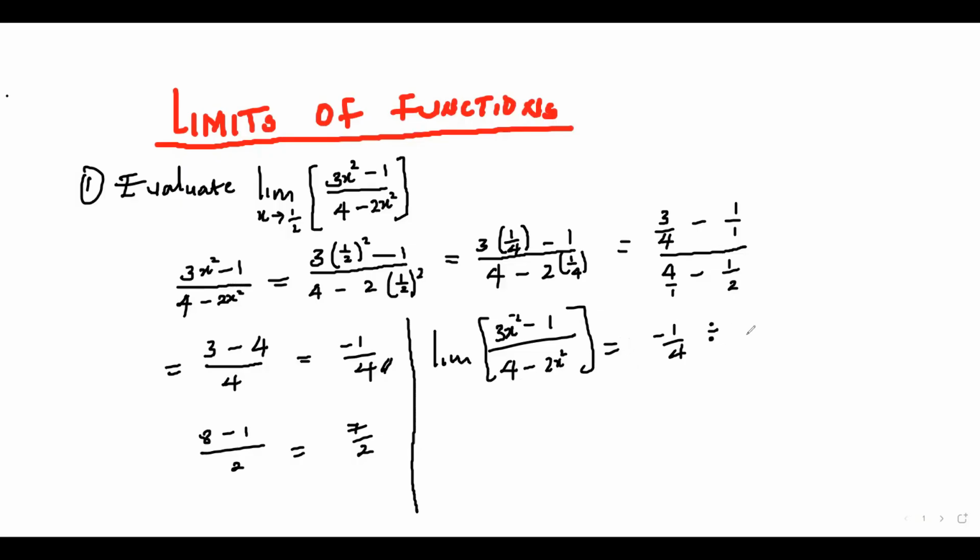Now I'm going to write a division sign here. The denominator is 7 over 2, right?